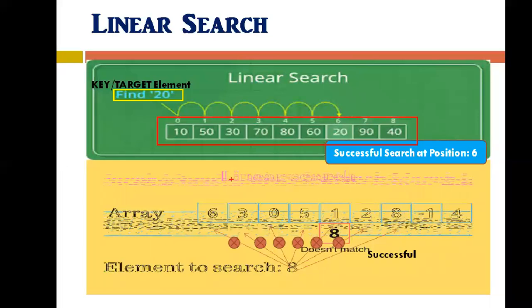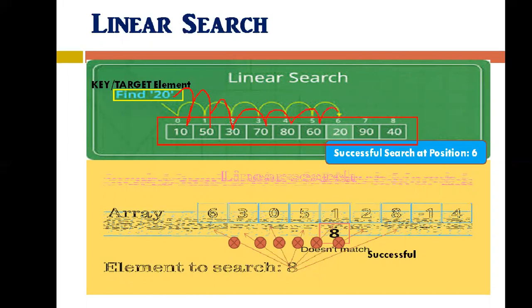We need to compare this key element or target element with each and every element in the list. 20 and 10 not matched, 50 not matched, 30 not matched, 70 not matched, 80 not matched, 60 not matched.